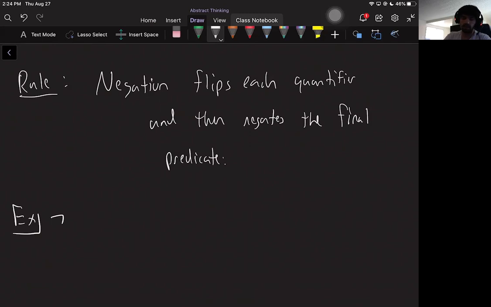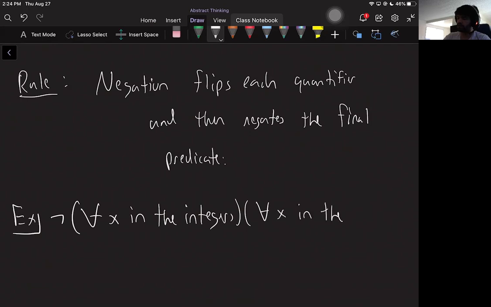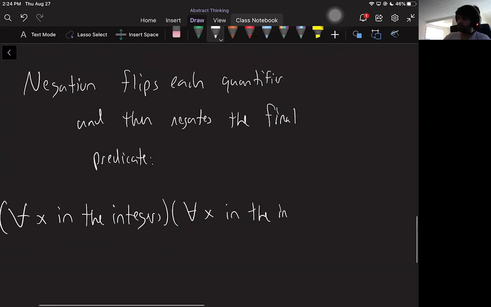So if I say the negation of, for any x in the integers, I'll just keep doing the integers, but it doesn't have to be that. For any y in the integers, I'm going to add a third one.